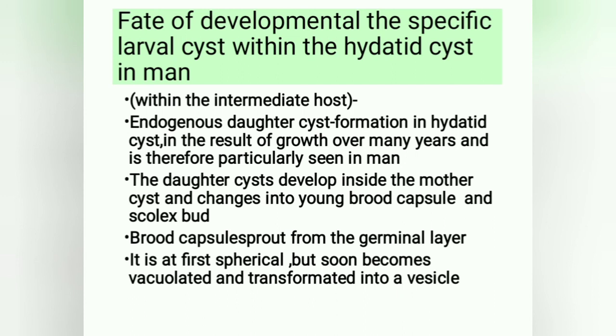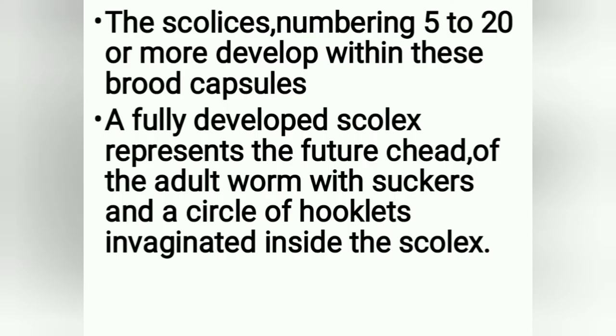Brood capsules sprout from the germinal layer. It is at first spherical but soon becomes vacuolated and transformed into a vesicle. The scolices, numbering 5 to 20 or more, develop within this brood capsule. A fully developed scolex represents the future seed of the adult worm with suckers and a circle of hooklets invaginated inside the scolex.